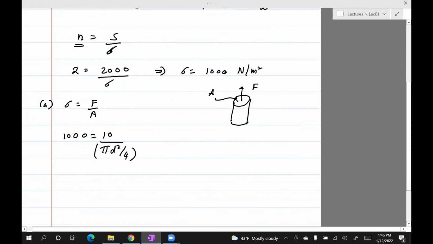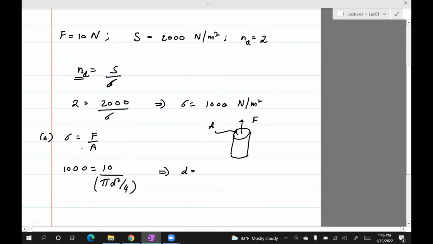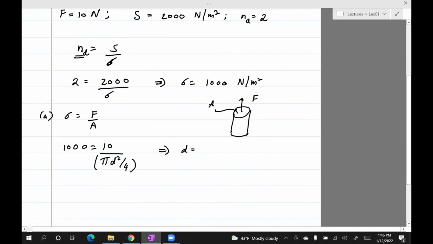And so we can solve for d. So d comes out to be, oh, a mistake here. I should have written this as N times sigma, my bad. This is N sigma. Everything looks okay. So solving for d gives 112.8 mm.